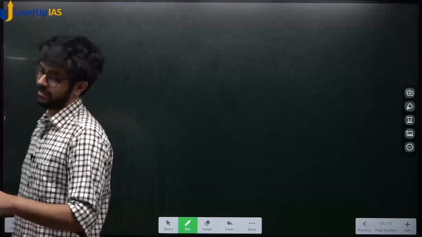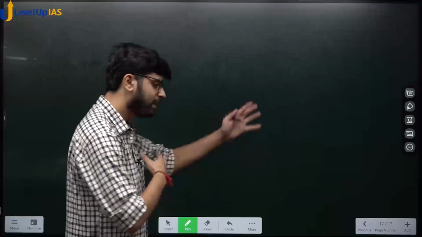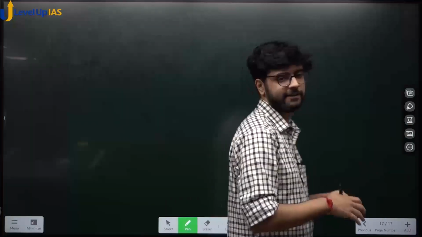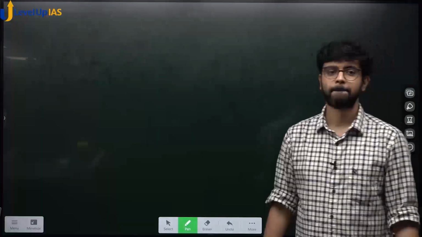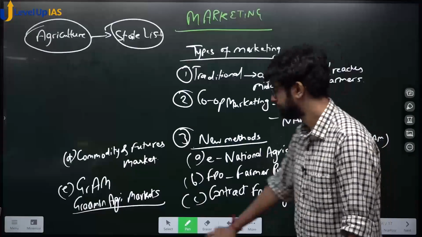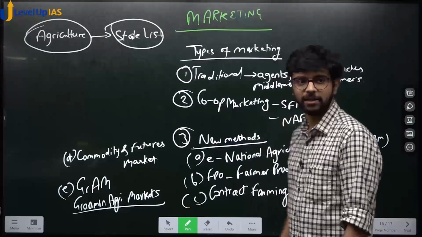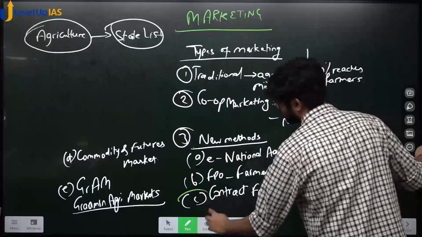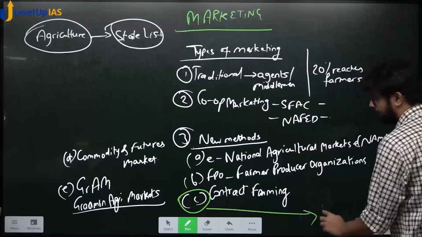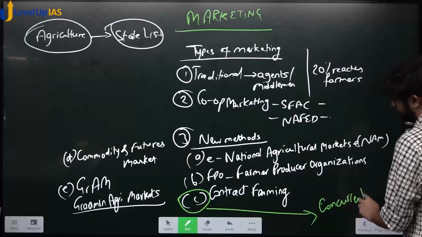Any government, state government or central government, to make a law, it has to fall within the mandate. Okay? I'll just leave one cliffhanger here. Agriculture is in the state list, right? Contract farming is in the concurrent list. This is where the problem arises.